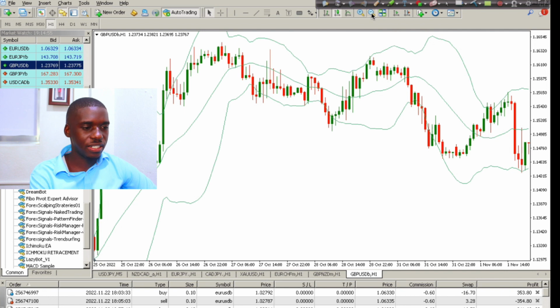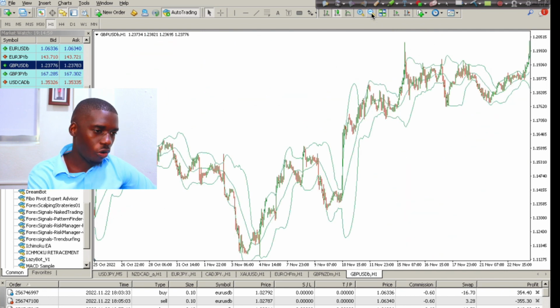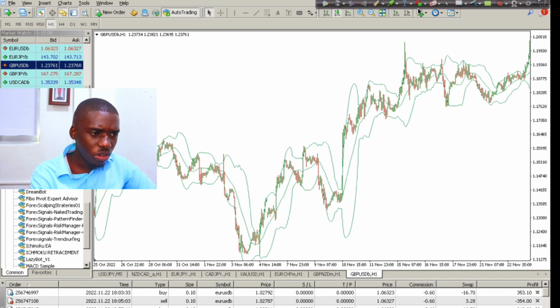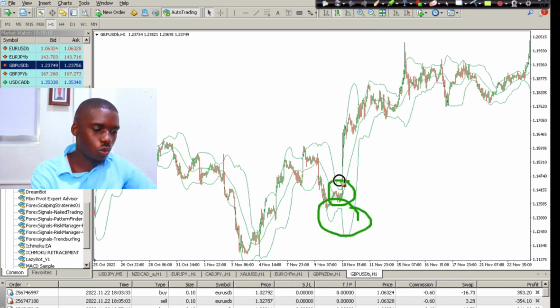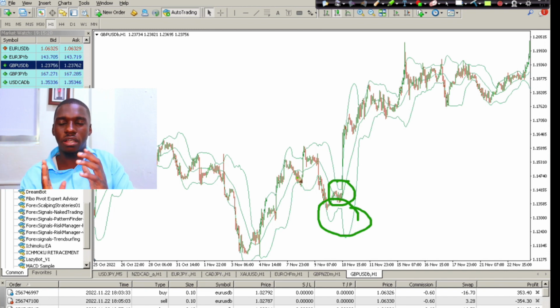Now, how does this enable us to determine the volatility of a particular market? For instance, here where the volatility is too high, we get to experience formations such as this, which we call a squeeze. With this squeeze that you see, there is a lot of narrowing of the bands.